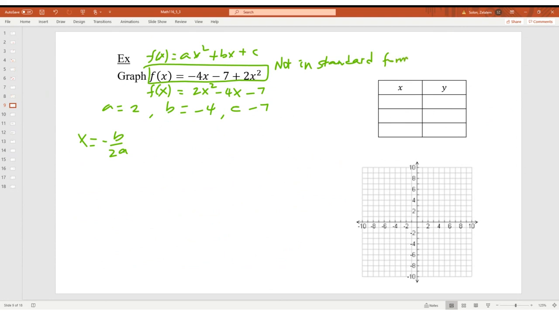A is always the number in front of x squared, B is the number in front of x, and C is the constant number. Now give me x by using the formula.